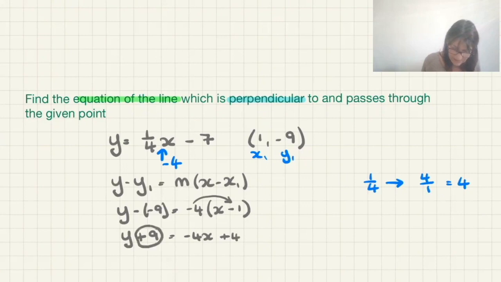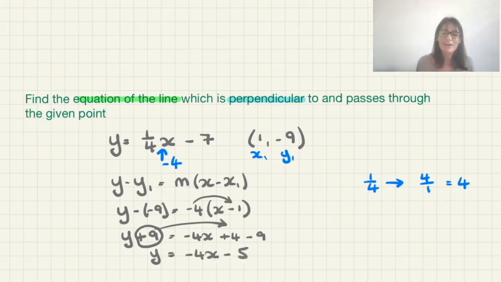We now need to get that 9 away from the y so that I've got my y on its own. It's going to land as minus 9, and 4 minus 9 is minus 5. So it's y equals minus 4x minus 5. And if you got that right, good work. Really, really well done. It's quite a lot there. There's no shortcuts. Don't try and take them, and then you will not get yourself in a pickle.